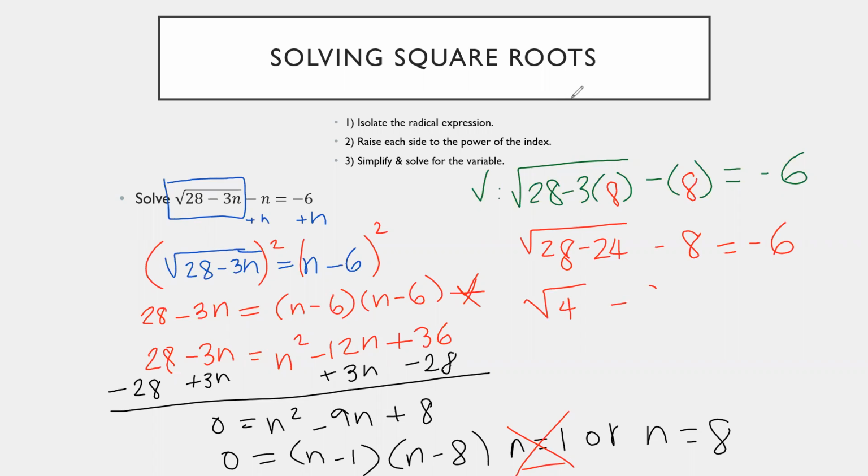So the square root of 4 minus 8, is that equal to negative 6? The square root of 4 is 2. 2 minus 8 is equal, in fact, to negative 6. So since it's true and it worked out, n is equal to 8 is the only solution.